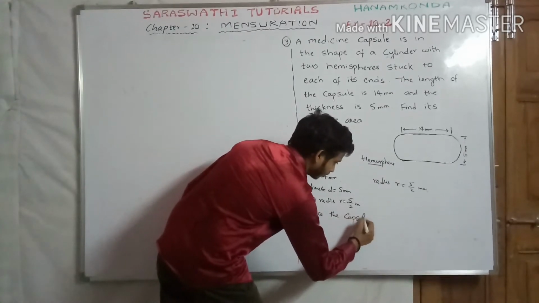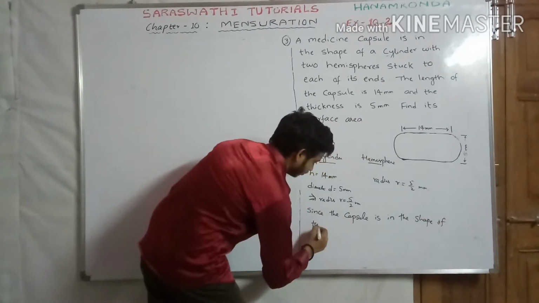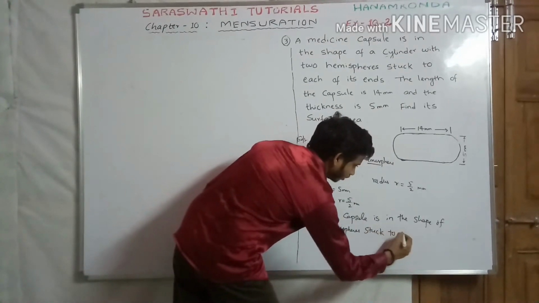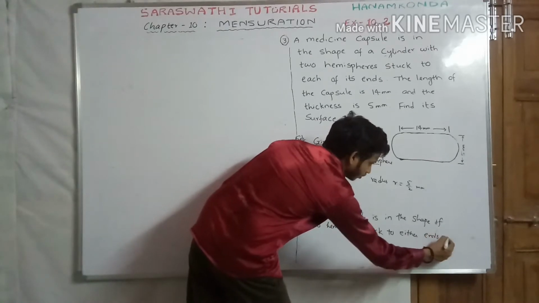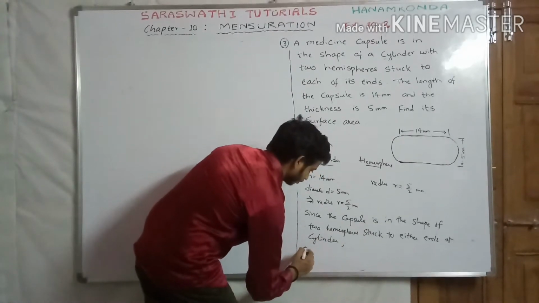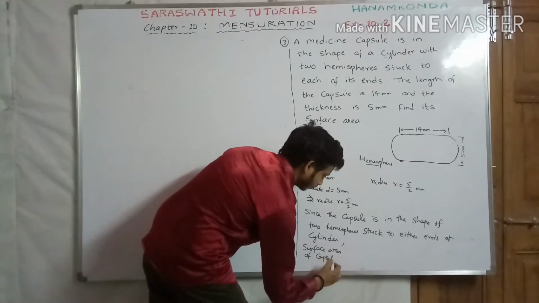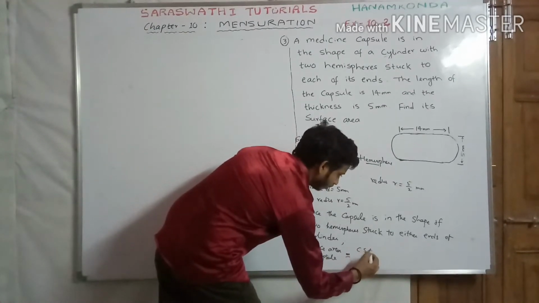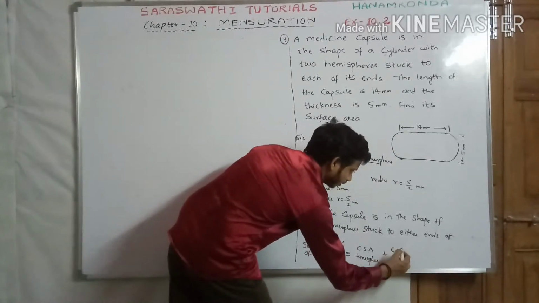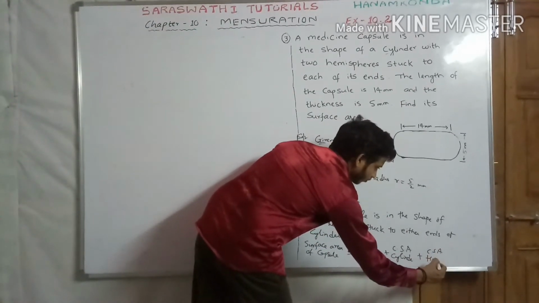Okay, so since the capsule is in the shape of two hemispheres stuck to either end of a cylinder, the surface area of the capsule is equal to curved surface area of hemisphere plus curved surface area of cylinder plus again curved surface area of hemisphere.